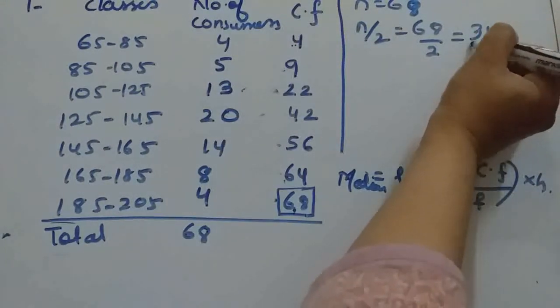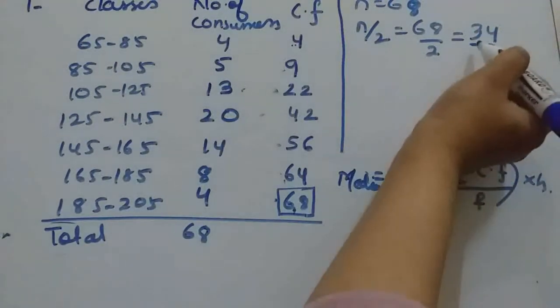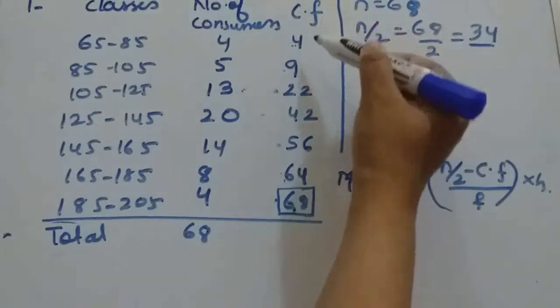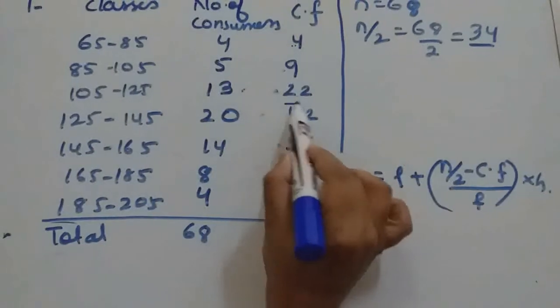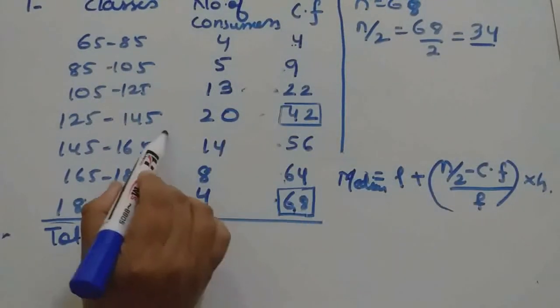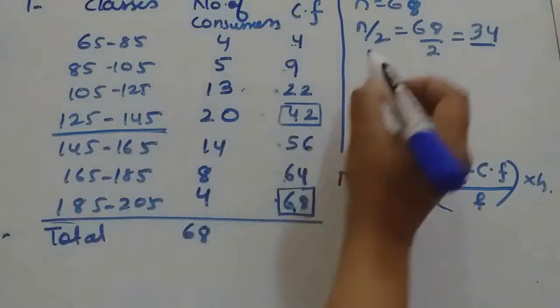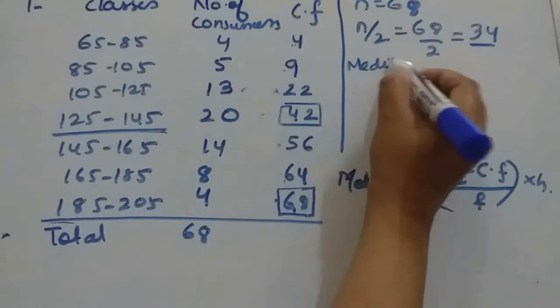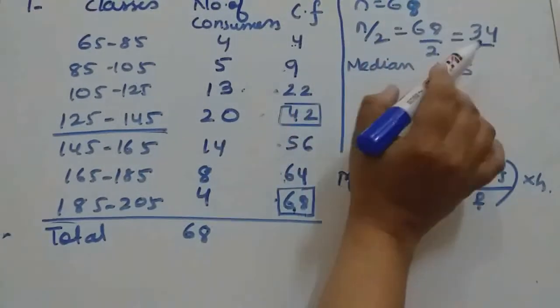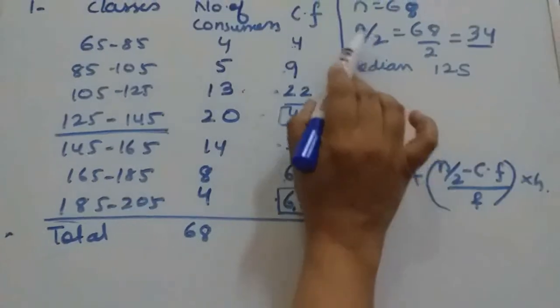Now this 34, we should check the nearest greater number than 34 in the CF column, which is 42, isn't it? So the corresponding class will be your median class. So for the median class, always check the nearest greater number than n by 2.